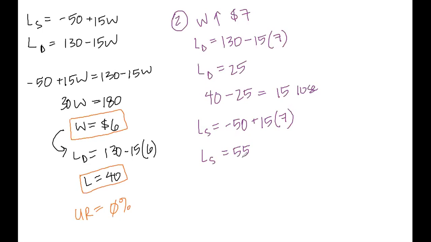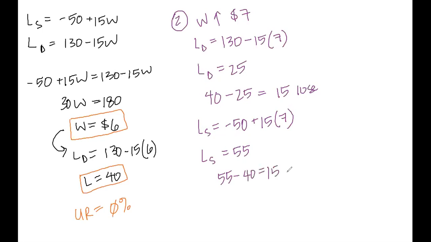And then compared to our original labor level of 40, remember our equilibrium labor level is both labor demand and labor supply. So now we can compare both of these outcomes to 40. So again, comparing 55 to 40, we can see that 55 minus 40 is 15.